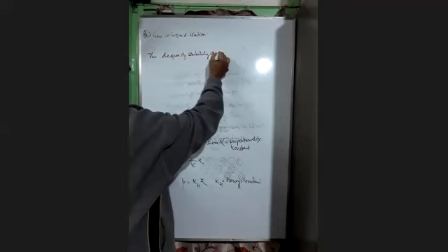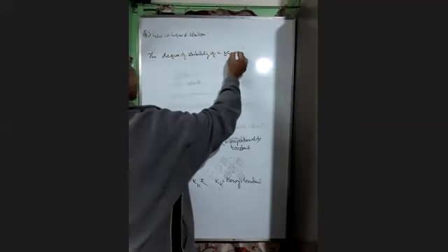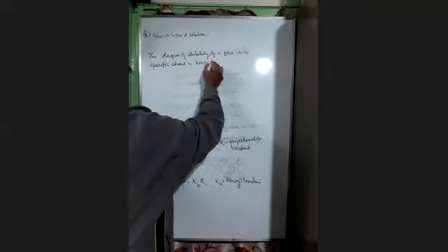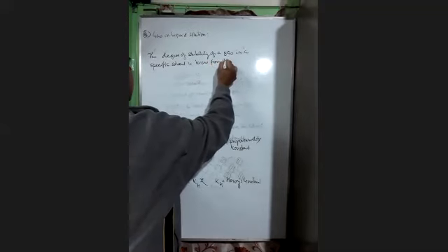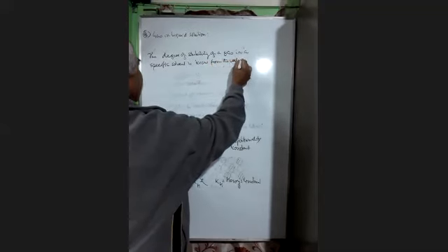The degree of solubility of a gas in a specific solvent is known from the value of KH.